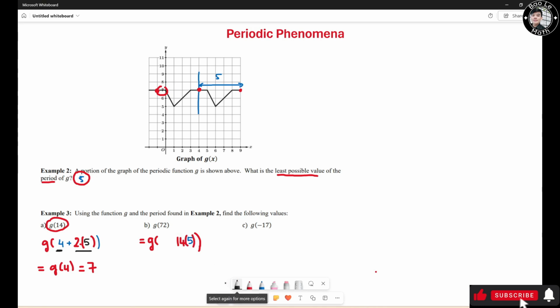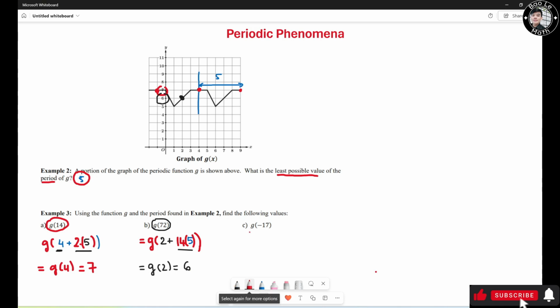And then the remainder is 2, so I put 2 right here, right? This tells us that after 14 cycles, the function comes back to the original point, right? So g of 72 is the same thing as g of 2. Alright, but g of 2 right here is going to be right here, which means 6, right?